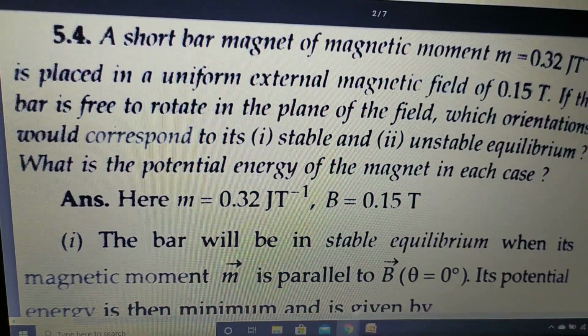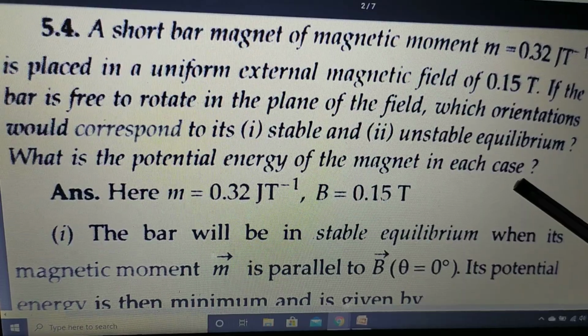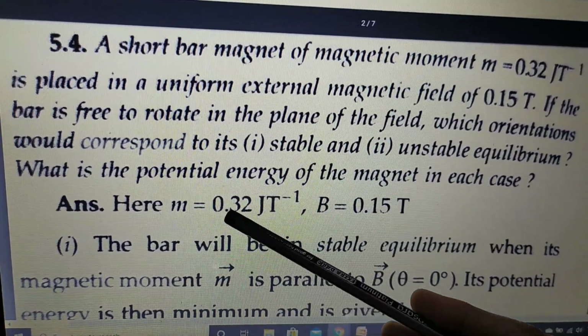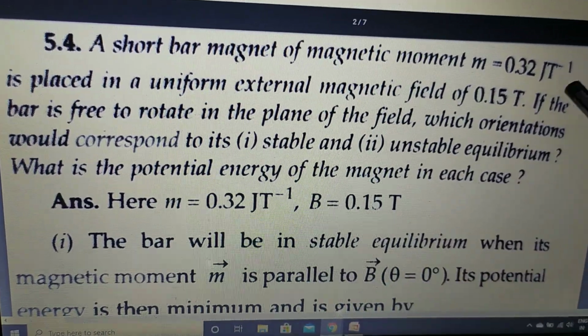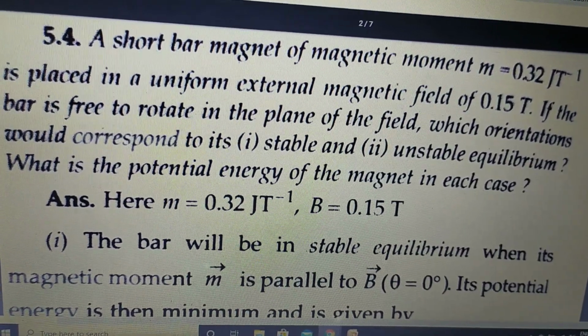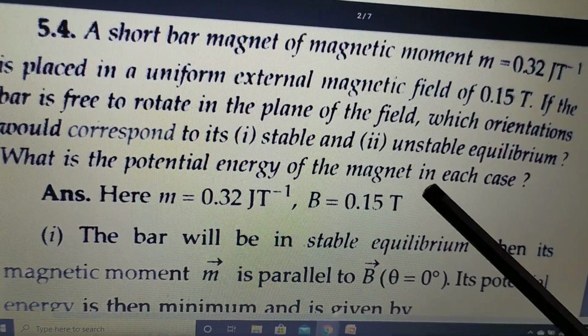We have to find the potential energy of the magnet in each case. First of all, let us write the values already provided in the question. The magnetic moment is 0.32 joules per Tesla, and the magnetic field is 0.15 Tesla.